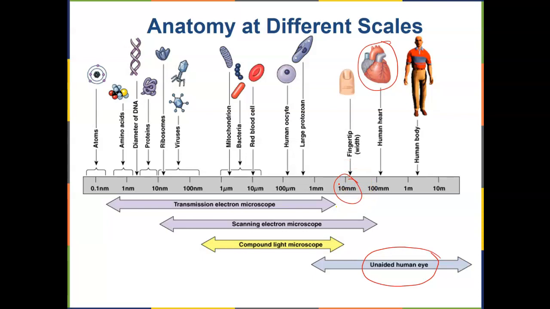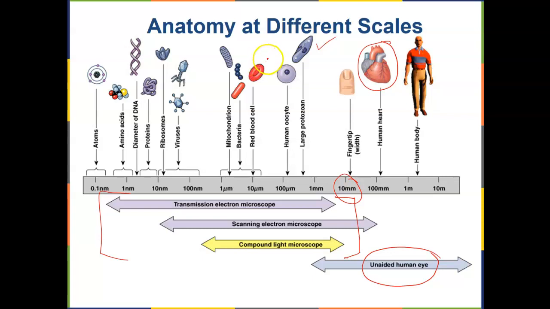If we start going smaller and smaller, though, you're getting into the realm of the microscopic world, all right? When we say microscopic, these are items that are very small. Some of these you can actually kind of see, very, very large, let's say, protozoans with the unaided eye. A human oocyte you cannot see.